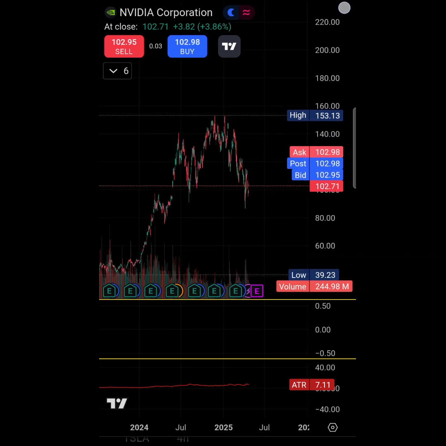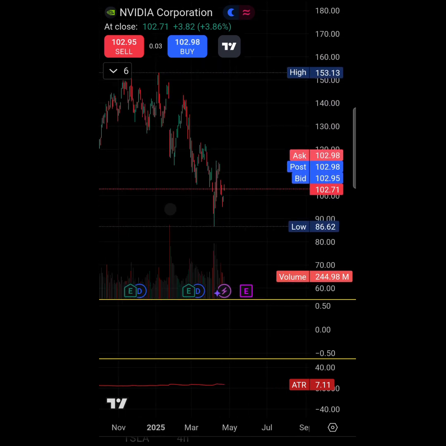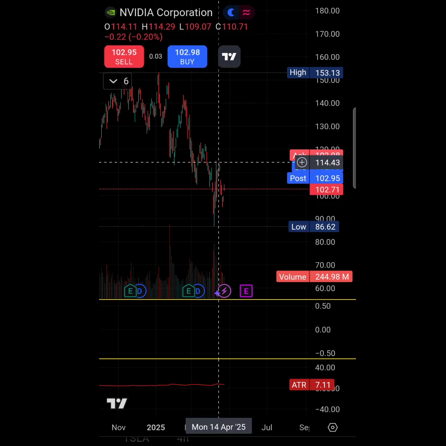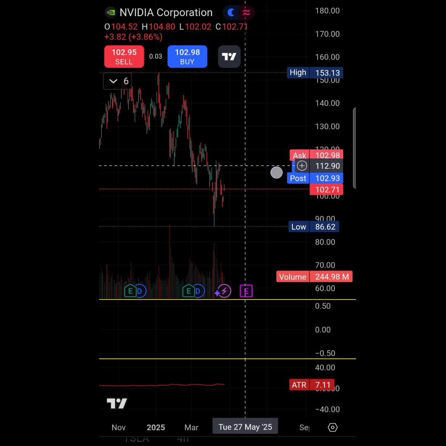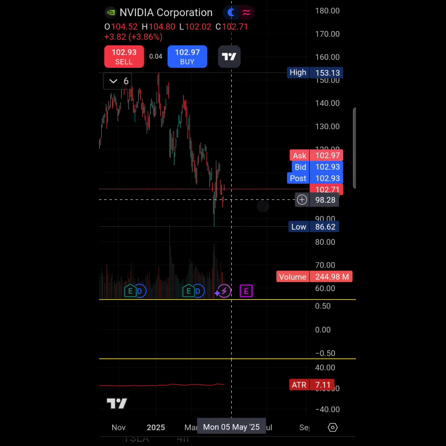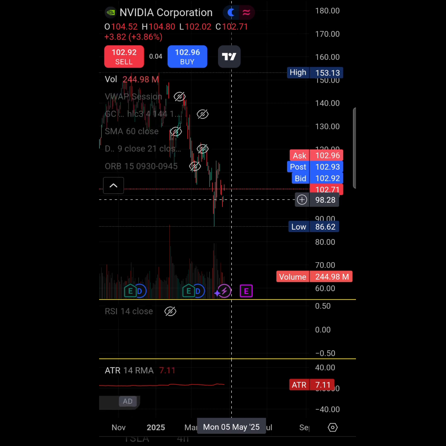So what tends to happen is NVIDIA will push up for $3, come down for $2 or $1, and then push back up for the rest of the day. But it won't ever max out that $7, okay? That's the whole point of an average true range.